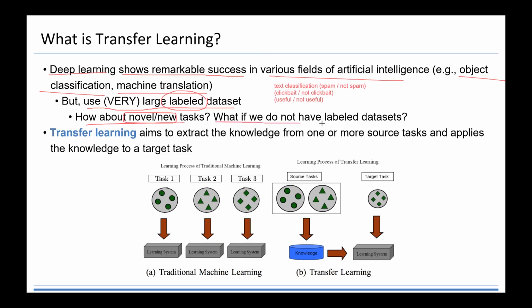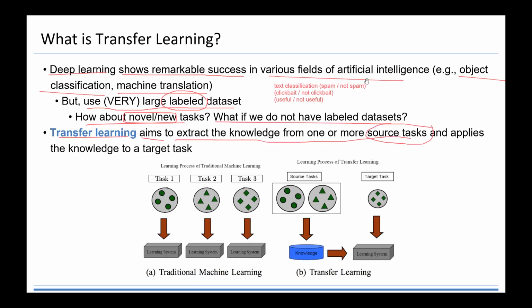So what if we do not have the labeled dataset? We can do transfer learning. Transfer learning aims to extract the knowledge from one or more sources. For example, we have the source task.